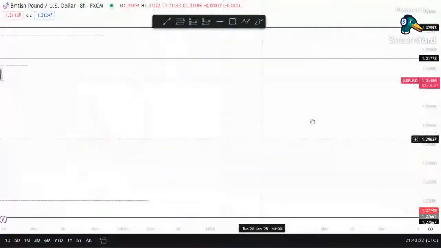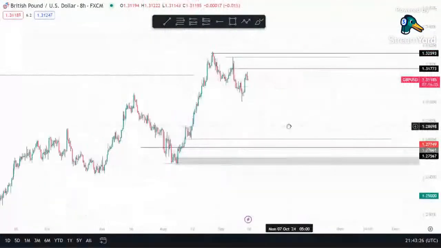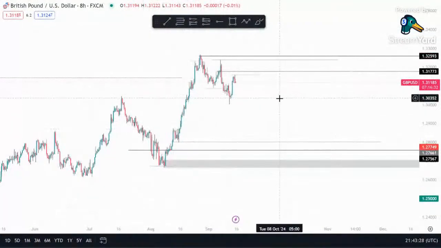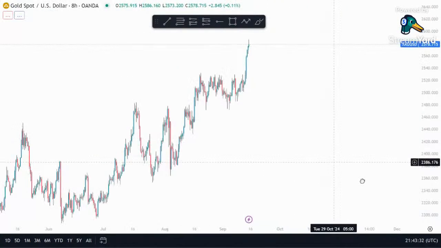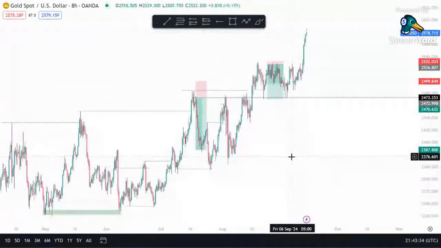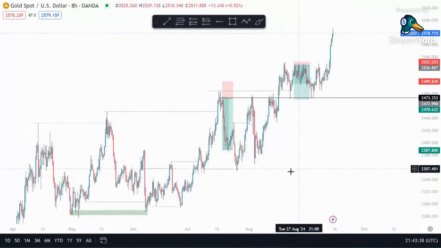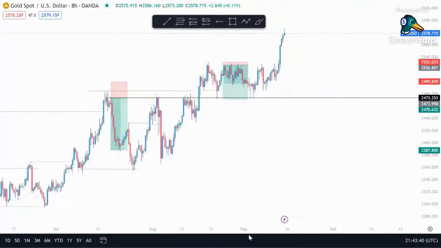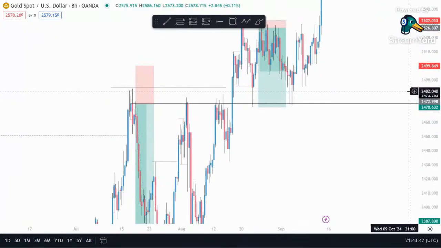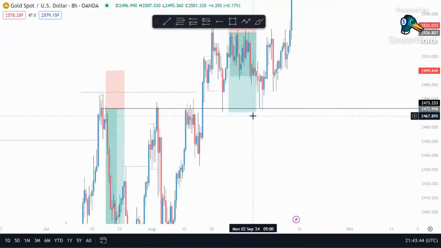So let's see gold now. This one is clear. I don't really understand gold. I thought gold would still tank for some time till somewhere here, where we're expecting the buy from.